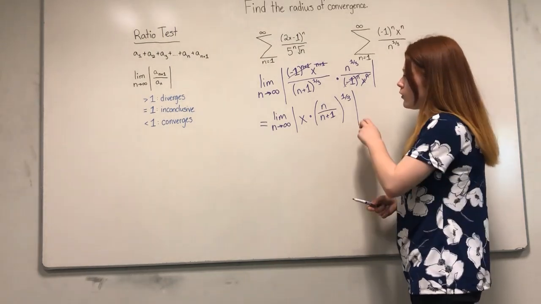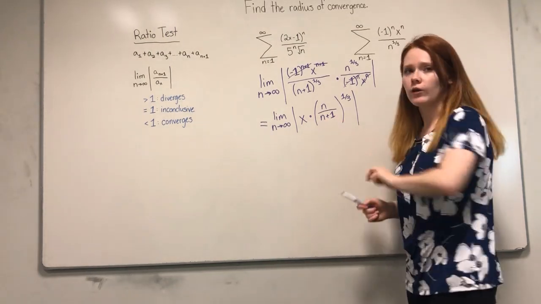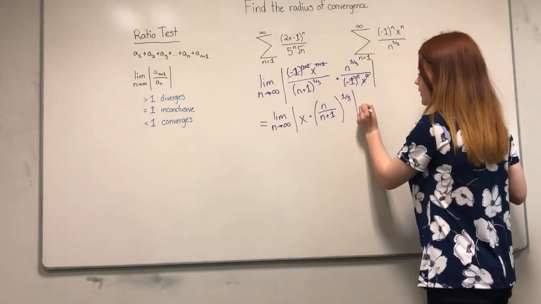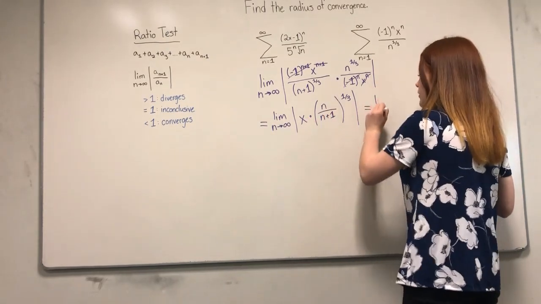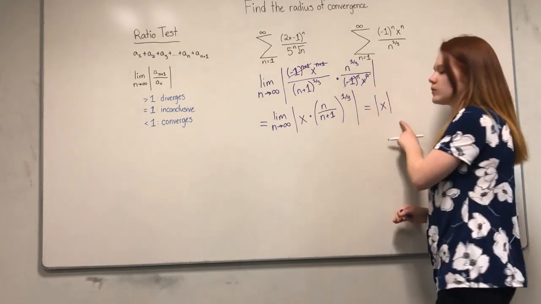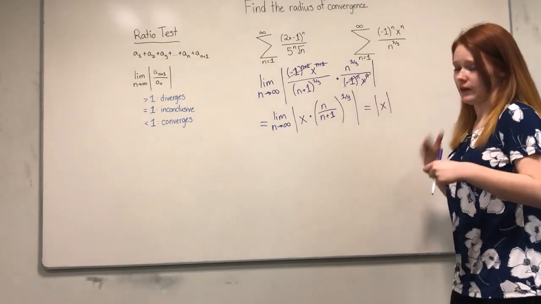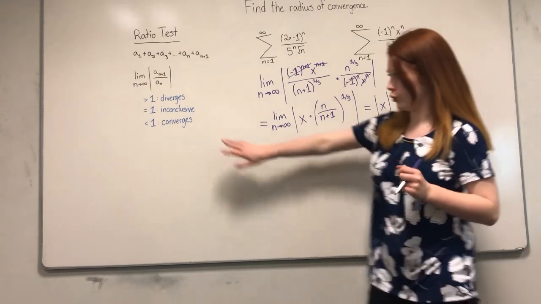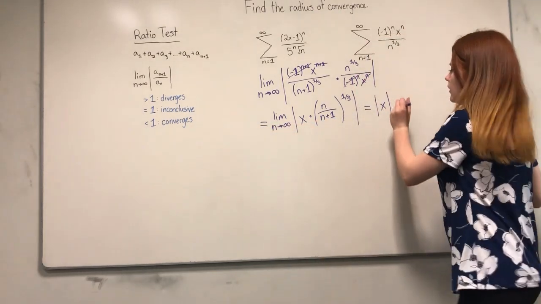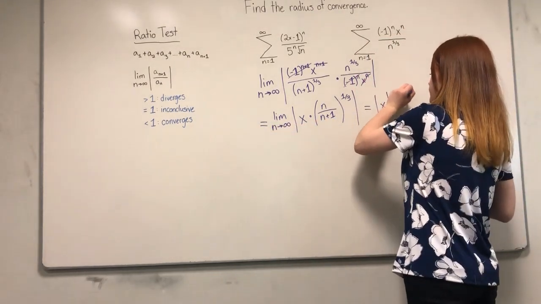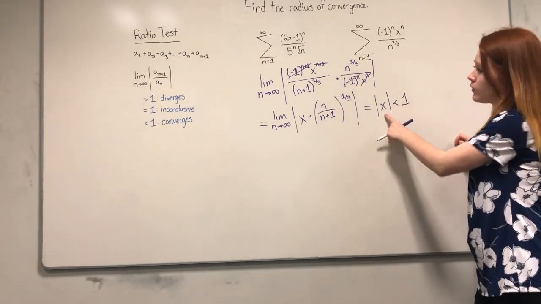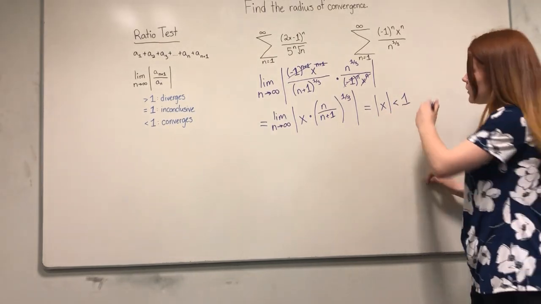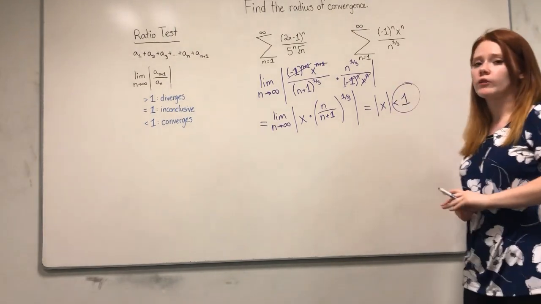So if this is 1, we're left with our x. So the limit of this, the output, is the absolute value of x. And again, we're looking for where this converges. So it is less than 1. And then x is already by itself, no coefficient or anything, so then this is your radius of convergence.